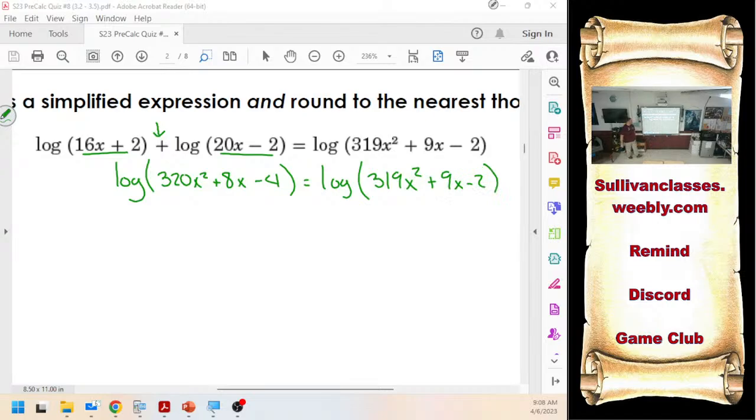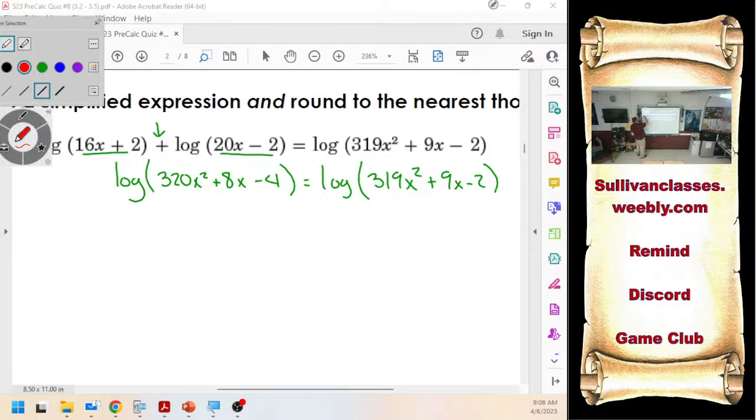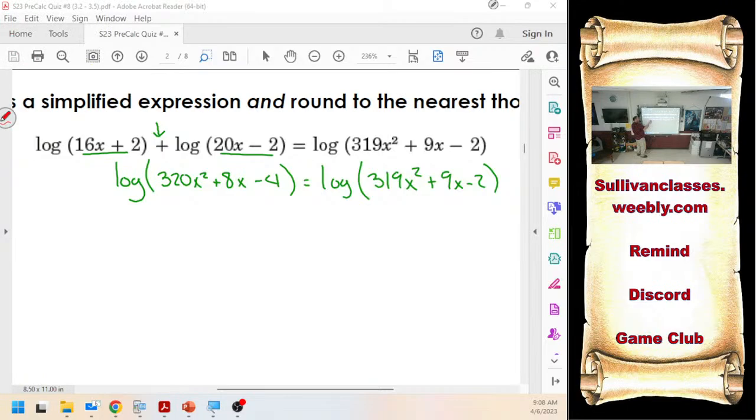So it looks big and scary, but then, when I get rid of the logs, one-to-one property for logs, and now I see I've got a quadratic. Well, I'll put everyone on one side of the bus, and 320x squared minus 319x squared, not too shabby. 8x minus 9x, negative 4 plus 2.